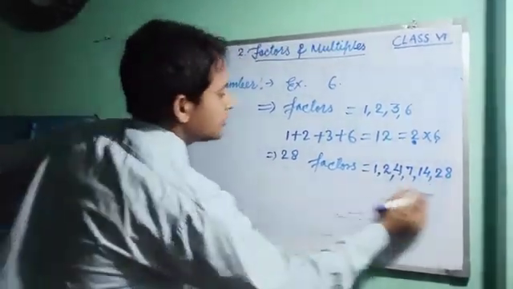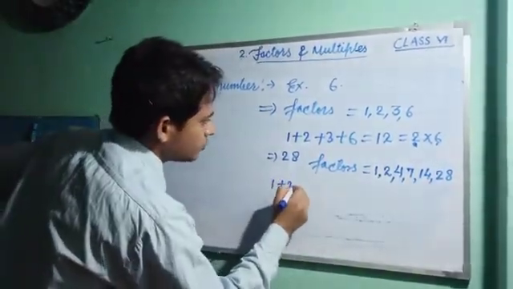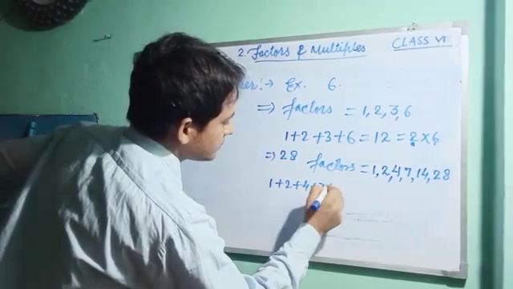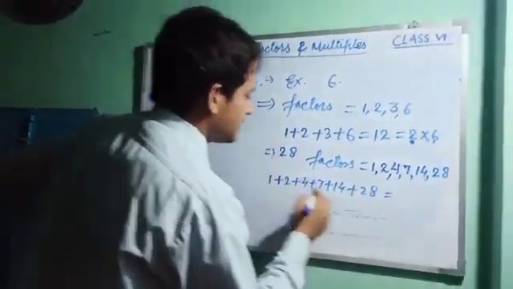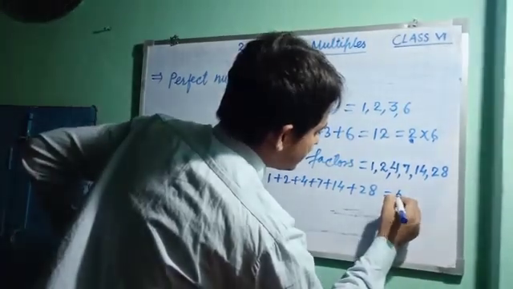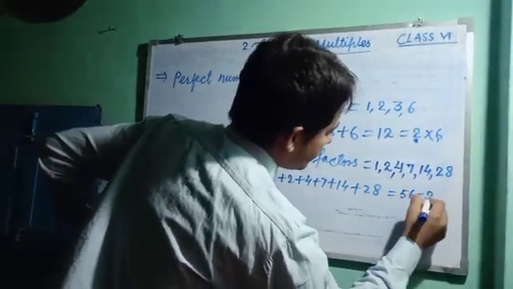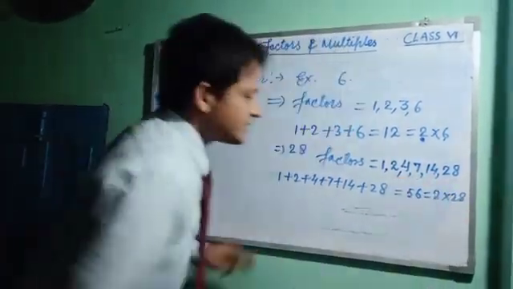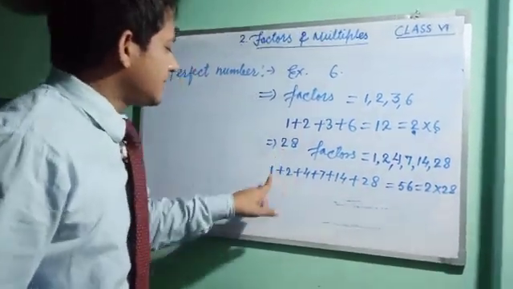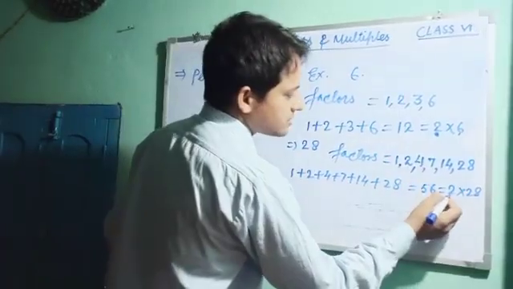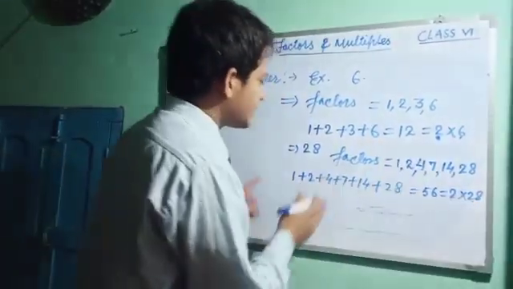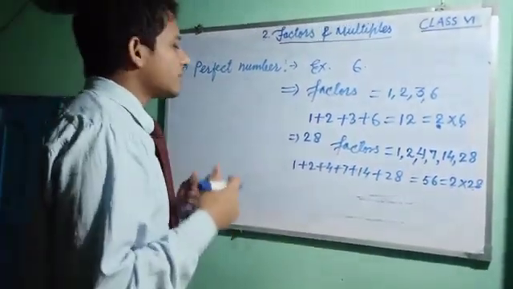Now sum all the factors: 1 plus 2 plus 4 plus 7 plus 14 plus 28. If you add all the numbers, that becomes 56, and 56 can be written as 2 multiplied by 28. Please have a look. The sum of all factors of a number is twice the number. So we can say 28 is a perfect number.